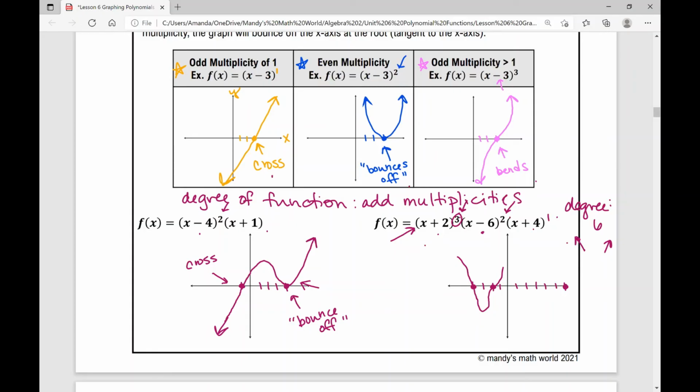The graph is going to come up and then go down and bounce off that root, because it's got a multiplicity of 2. So what's happening at each one? It's going to cross this one, it's going to bend at this root, and it's going to bounce off at this one. That's what's happening at each of those roots.